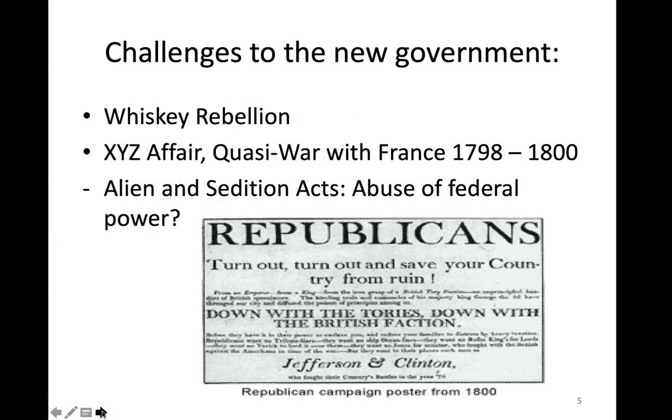So now we need to discuss some various challenges to the new federalist controlled, right? It's federalist controlled government. And let's recall the backdrop here. The Constitution, being our second Constitution, is still new.